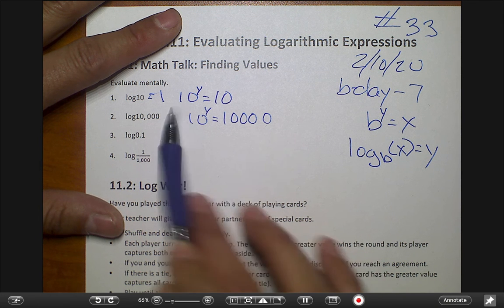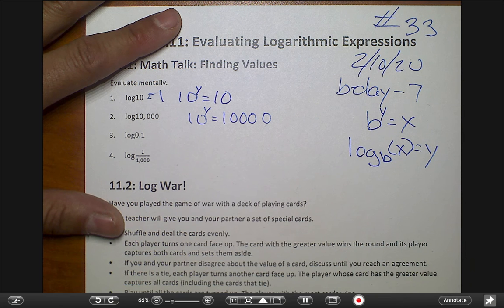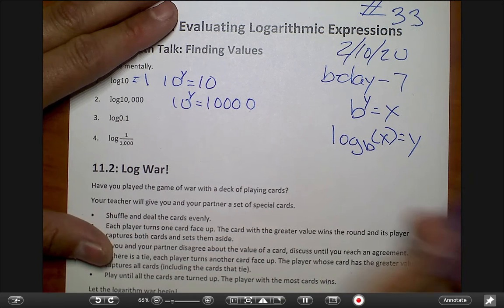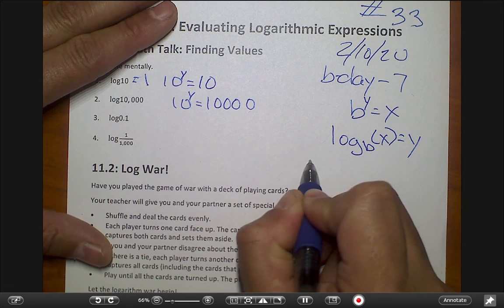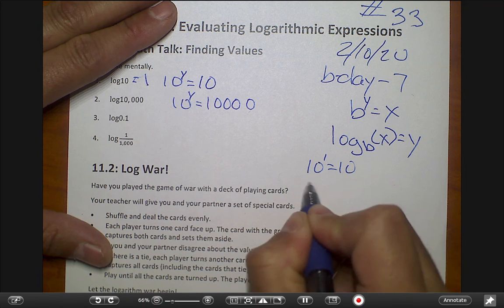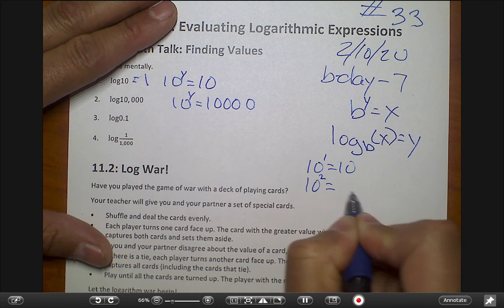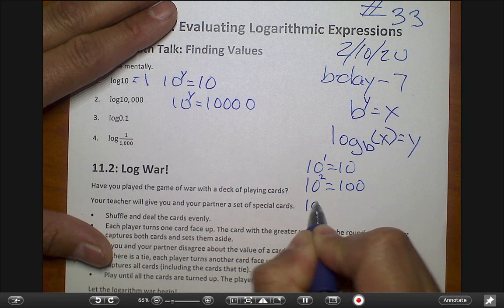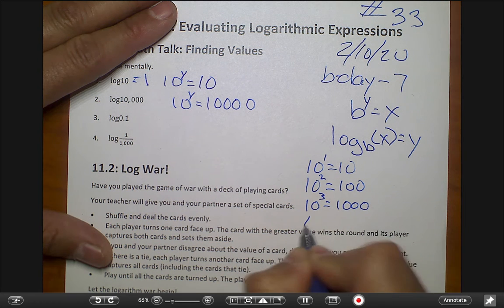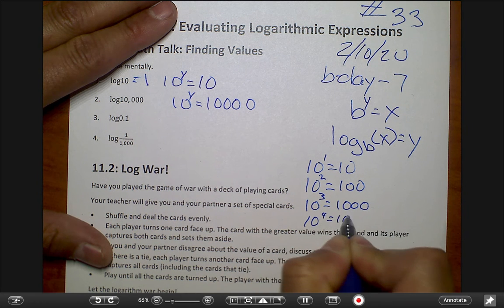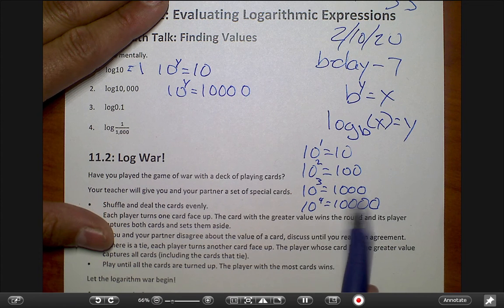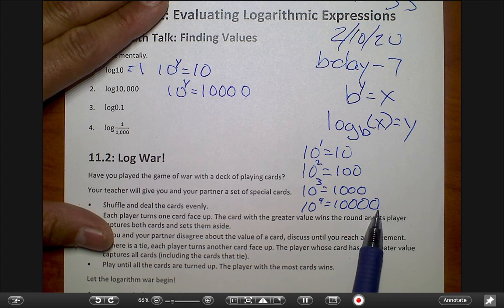Are you guys seeing where I'm getting this from, or is it not making sense? Okay, how about this? I'm going to go off to the side right here. What's 10 to the 1st power? 10. 10 squared? 10 cubed? And 10 to the 4th? If you notice, this says I have 3 zeros, and this says I have 4 zeros.